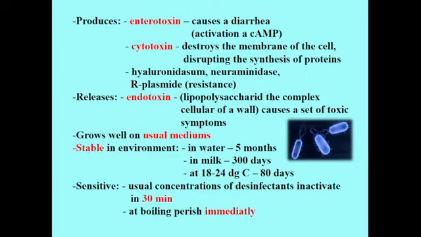Produces enterotoxin, which causes diarrhea through activation of cAMP; cytotoxin, which destroys the cell membrane, disrupting the synthesis of proteins; hyaluronidase, neuraminidase, R-plasmid that causes resistance; releases endotoxin, lipopolysaccharide, the complex of the cellular wall, which causes a set of toxic symptoms.